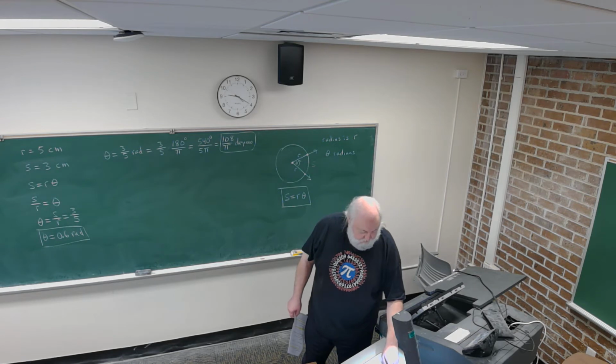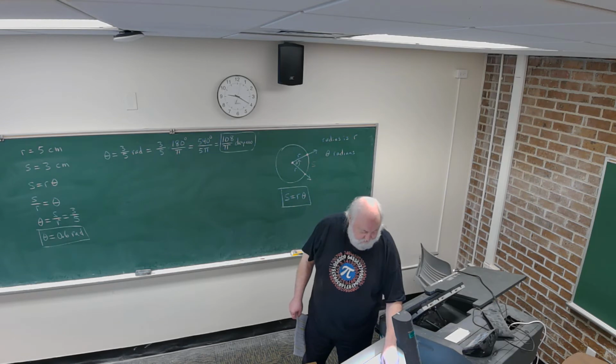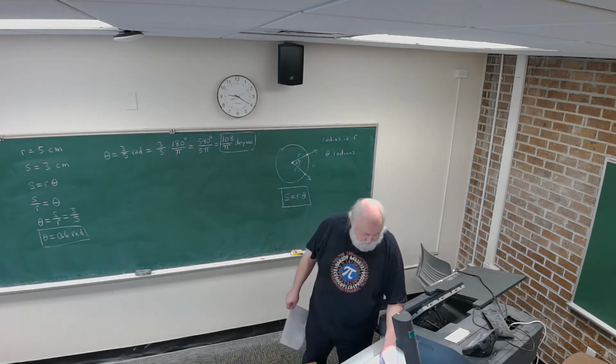Two positive angles are supplementary, you notice it says positive, if their sum is 180 degrees. Find an angle that is complementary to pi over 6.